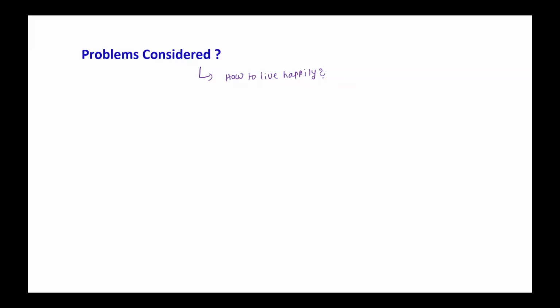Or how to become rich in 2 years? Again, this problem doesn't have any stable or definite solution that can be followed by every person in every situation. Our intention itself is not to solve this type of problems.